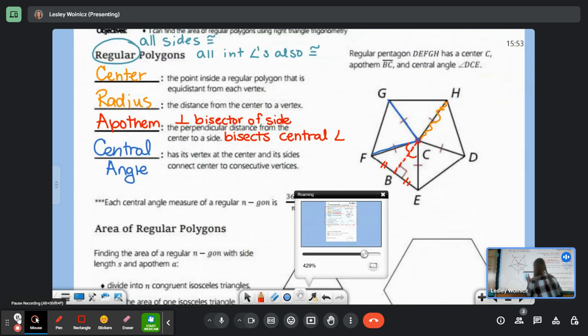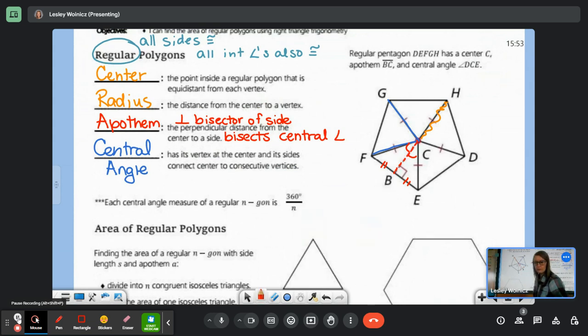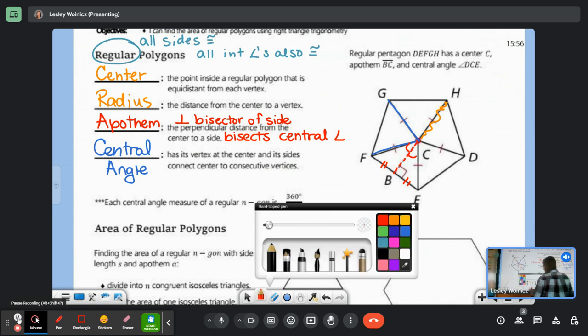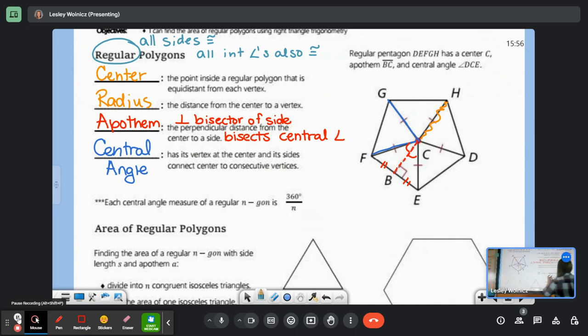Now we're going to go back to talking about the central angle for a second. We have a pentagon here. If we wanted to find the central angle, let's use the central angle DCE. The measure of angle DCE would be, imagine me standing in the middle of the pentagon.